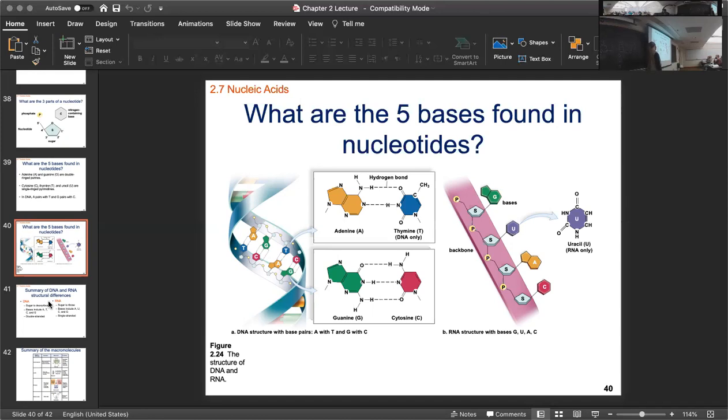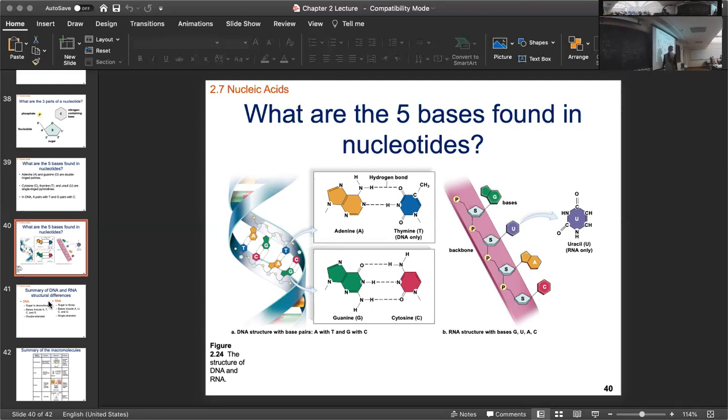This is figure 2.24 in your book, the structure of DNA and RNA. The DNA structures with base pairs A with T and C with G. But in RNA, there's a G, a U, an A, and a C, and A and U pair together, and G and C pair together, similar to what they did over here. Okay, so here we have a uracil.